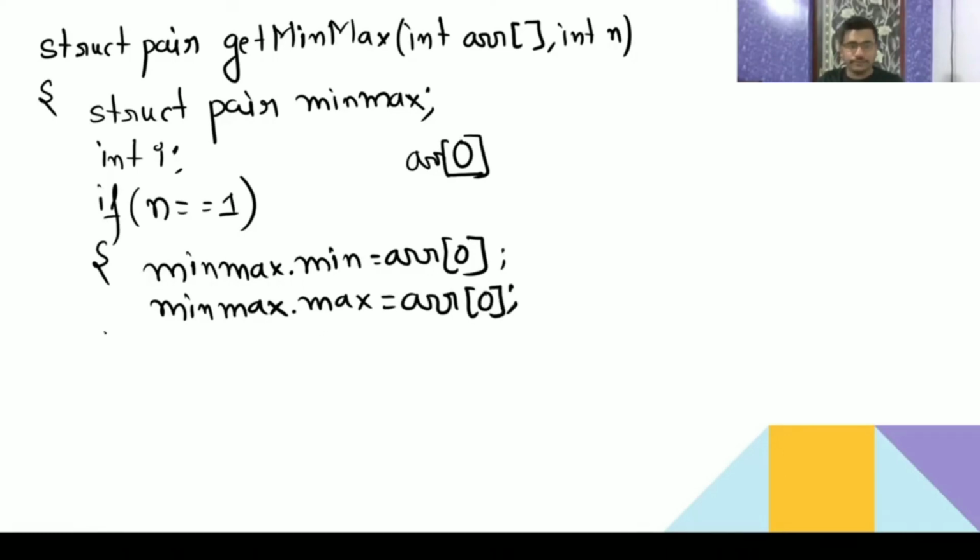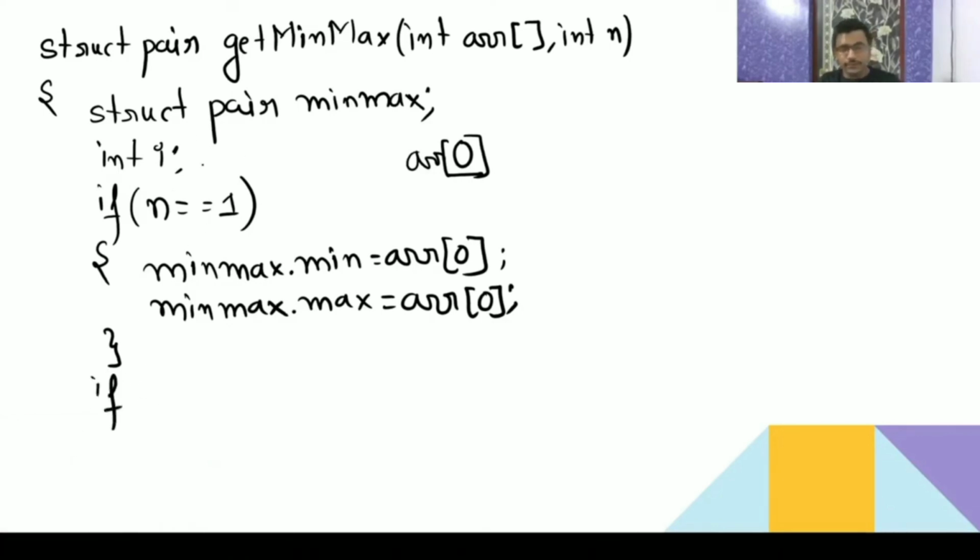Understood? Else, if it is having more than one element, I will go to the next. No need to write else. By using the if condition only we will check. I will go to the next slide.